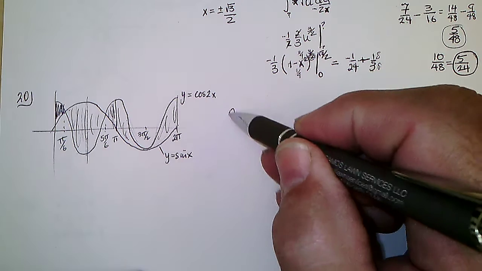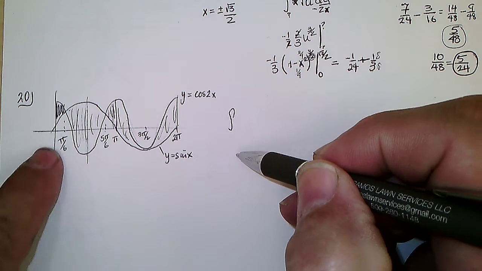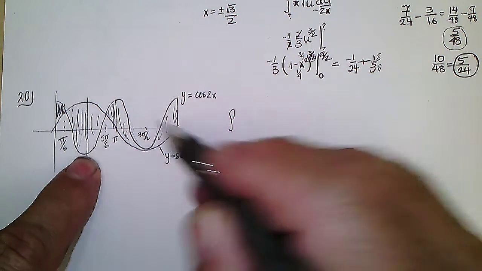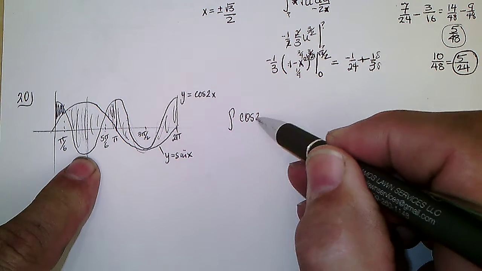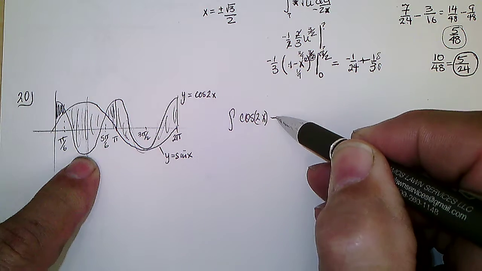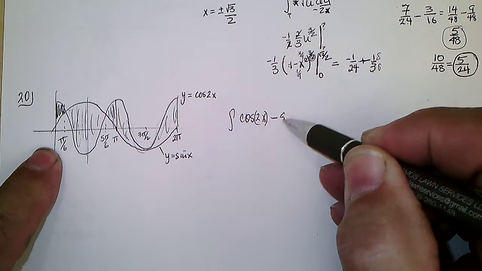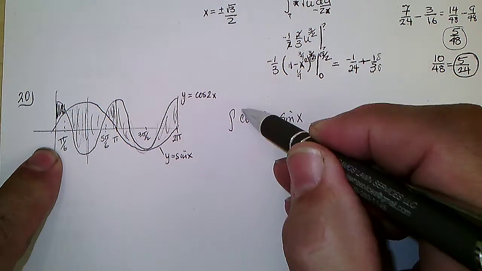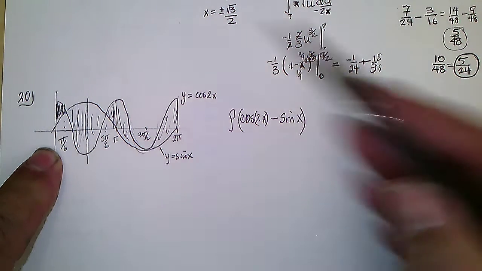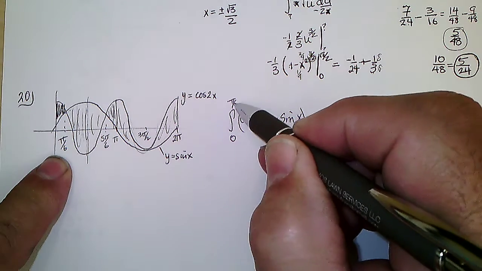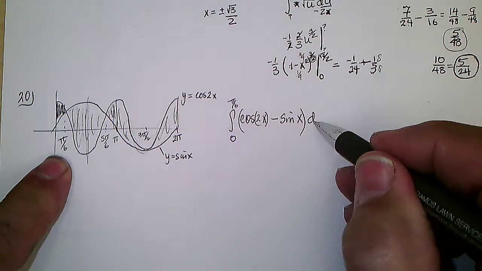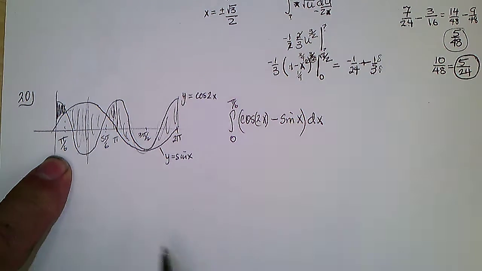So I'd have the integral, let's just start from here. This one is the cosine 2x minus sine x. And I want to integrate that from 0 to pi over 6 to get that area.